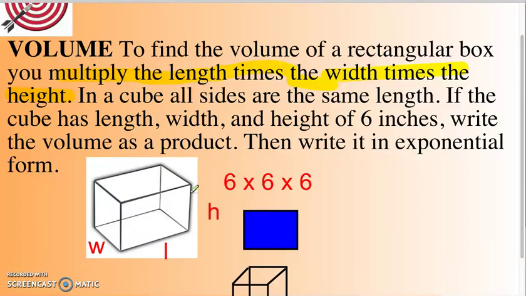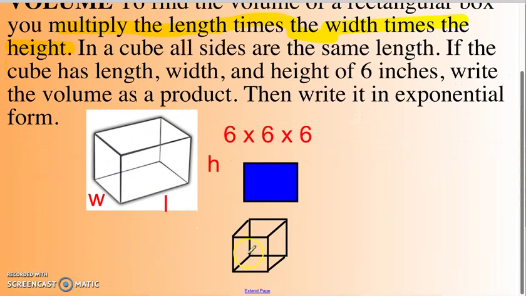Well, what if my rectangular prism is actually not a rectangular shape? What if it's a cube? Cubes look a little different because all of their edges are exactly the same. So all of these edges or sides are the same.